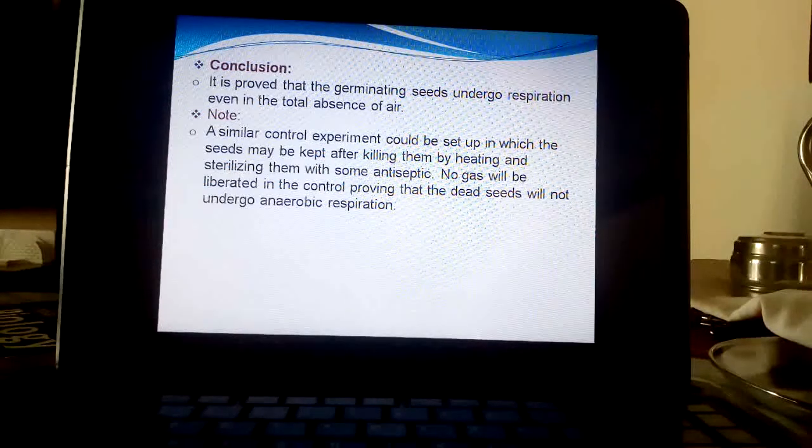A similar control experiment can also be set up in which seeds are kept after killing them by heating, boiling, or sterilizing them with some antiseptic. No gas will be liberated in the control, proving that dead seeds will not undergo anaerobic respiration. Did you all understand?